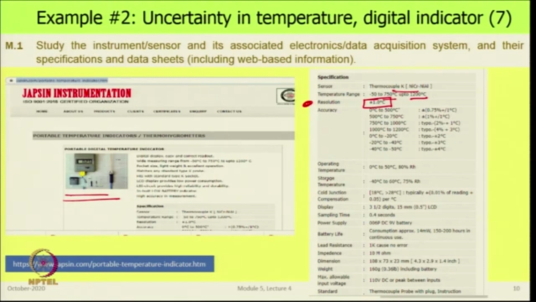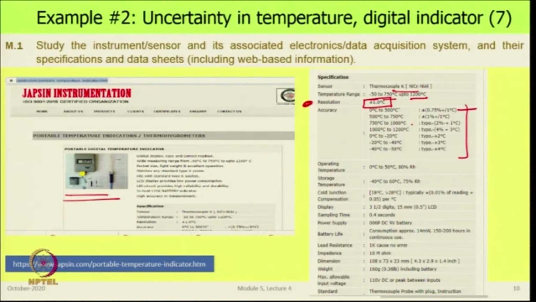Then accuracy, it shows you that for different temperature ranges the accuracy is different. So, we have to pick up the accuracy value where we expect to make our temperature measurement. If our expected temperature measurement is 100 degrees Celsius, we would pick up this one, 0.75% plus 1 degree Celsius.